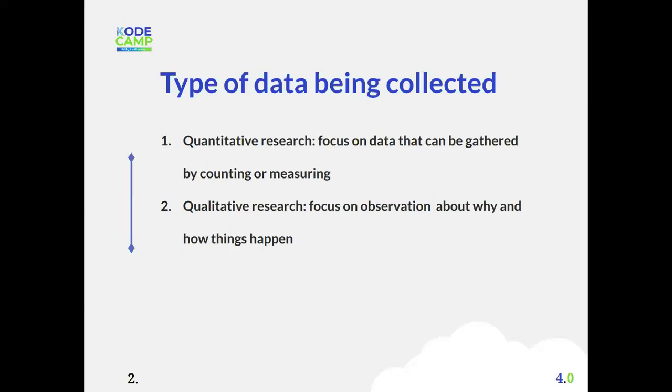Then we have qualitative research, focused on observation about why and how things happen. Most times, this has to do with when you are trying to test your prototypes, like test your designs, the design you come up with on Figma. When testing them, you have to observe your user closely, observe how they are using the product.